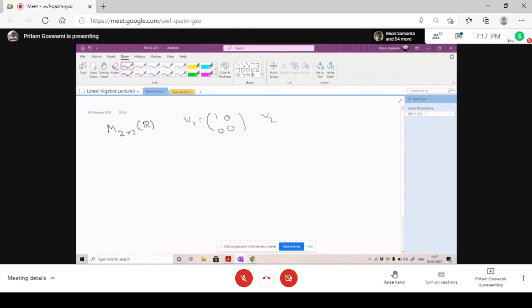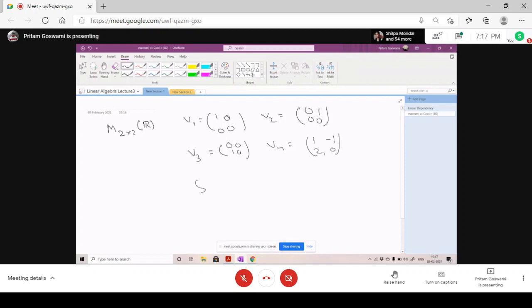Another vector v2 is 0, 1, 0, 0. Let me give you a third vector v3 as 0, 0, 1, 0. And another vector v4, which is basically 1, minus 1, 2, 0.